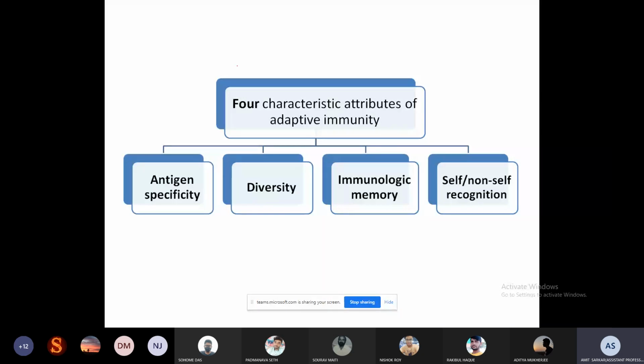If you remember, I mentioned these 4 characteristics before as the characteristics of lymphocytes. Whatever the lymphocyte attributes are, the same attributes apply to adaptive immunity, because B and T lymphocytes are the main components of adaptive immunity.